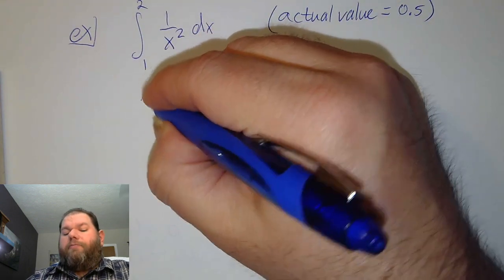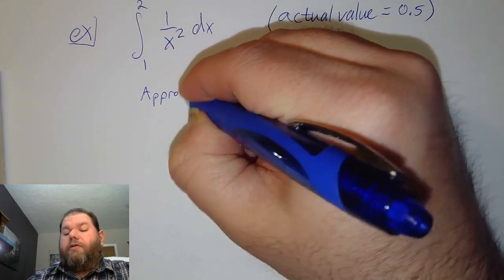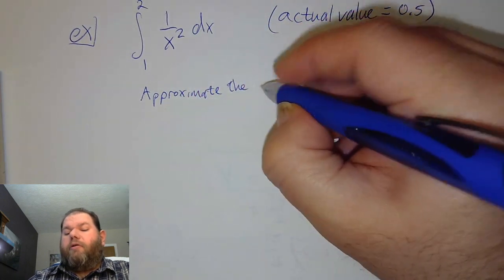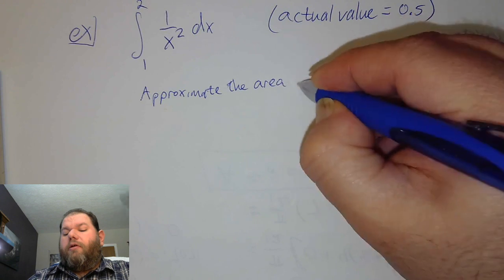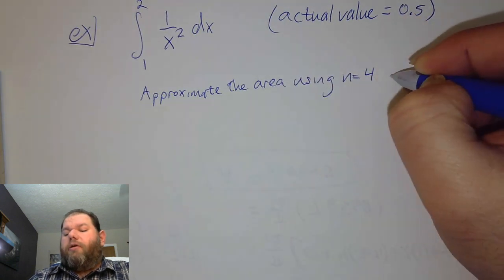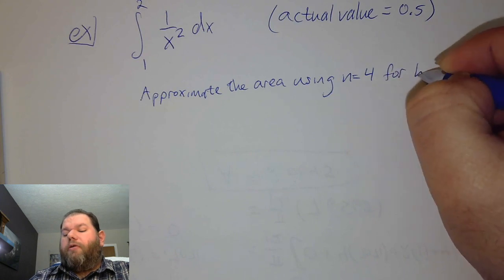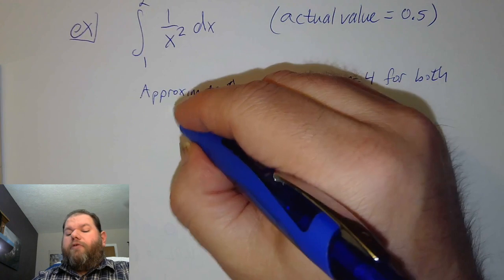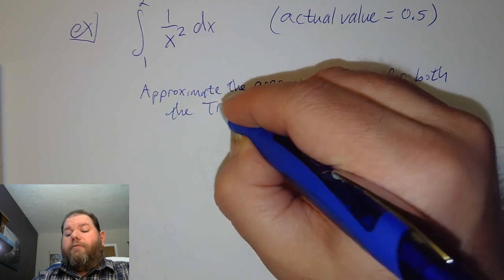But approximate the area using n equals 4 for both the Trapezoid Rule and Simpson's Rule.